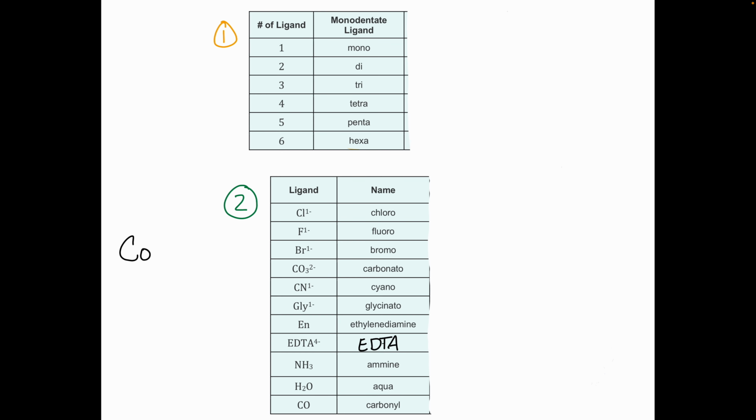We're going to do cobalt NH3 6 plus 2. Given our example, we start with first the number of ligands, then the name of the ligand, then the metal name.